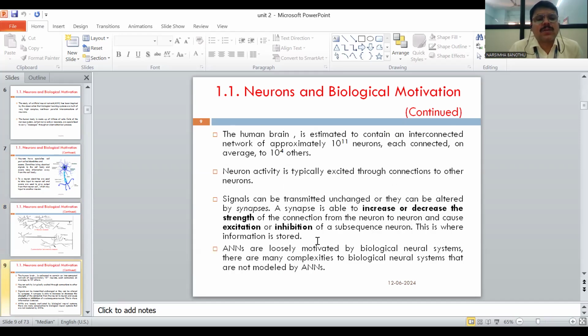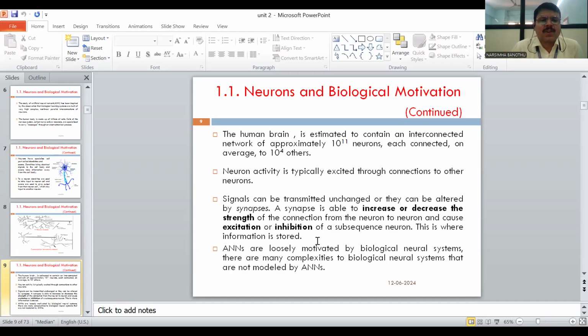In the human brain, neurons are estimated to form an interconnected network of approximately 10 to the power 11 neurons, each connected on average to 10 to the power 4 others. Neuron activity is typically excited through connections to other neurons.